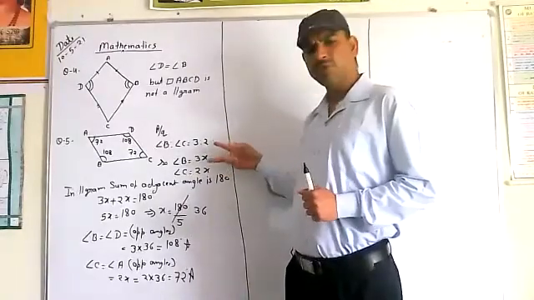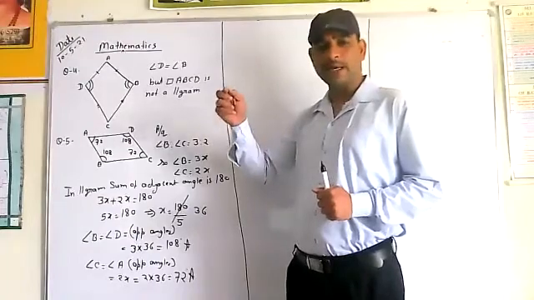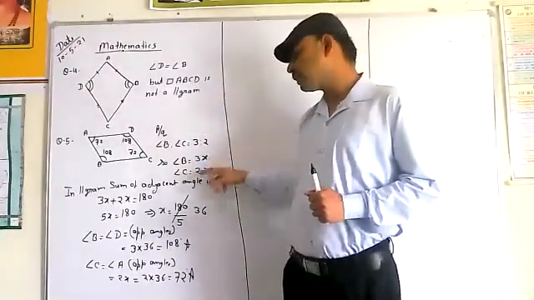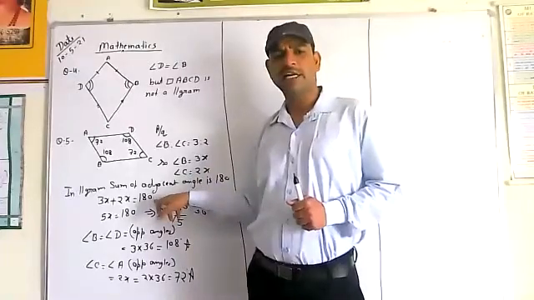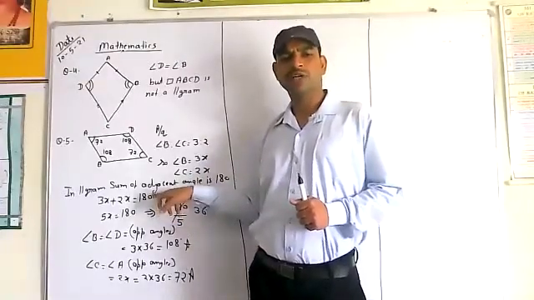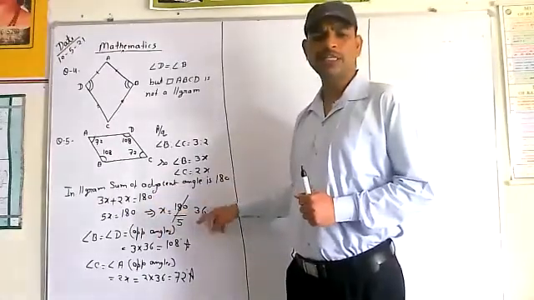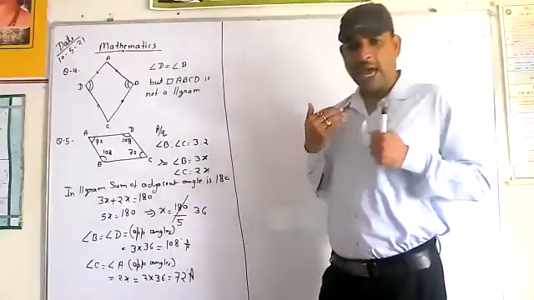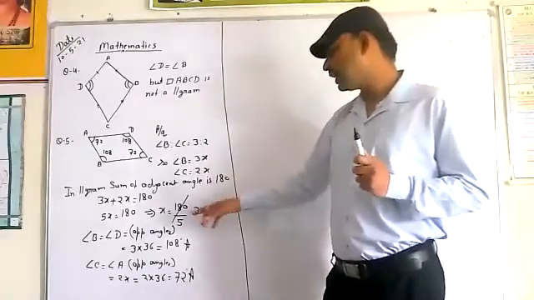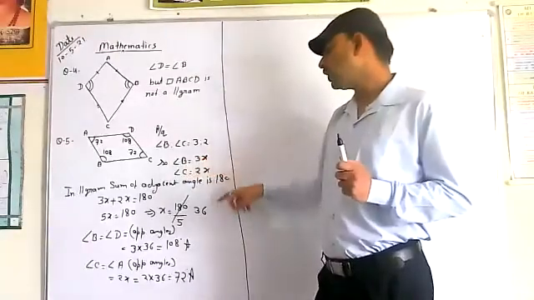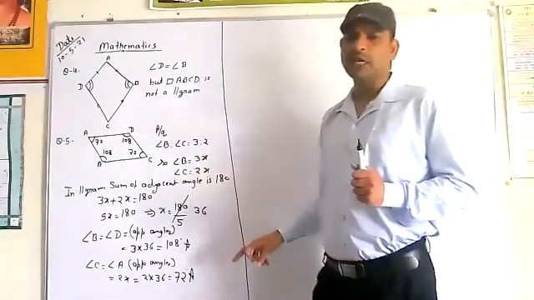The sum of two adjacent angles in a parallelogram is supplementary. So 3x plus 2x is equal to 180. This is a linear equation. We have to find the value of x. Here x is equal to 36. So we find B as 3 into 36 and C as 2 into 36.